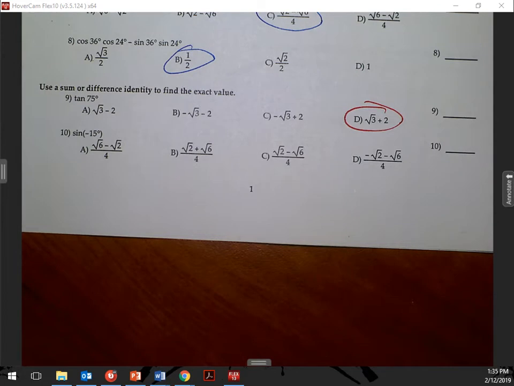Okay, let's see if you paid attention. Tell me what the answer for 10 is going to be. Are you just guessing or did you actually do the work? Or you could have just paid attention to what I was saying right now. It should be B or C. So let's do it.